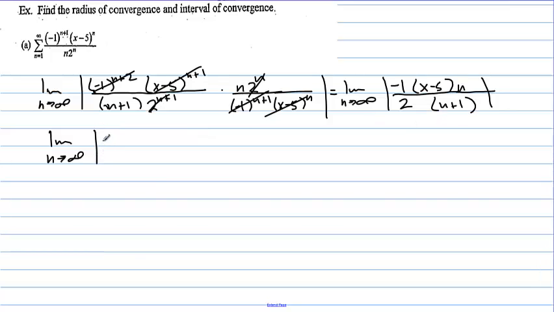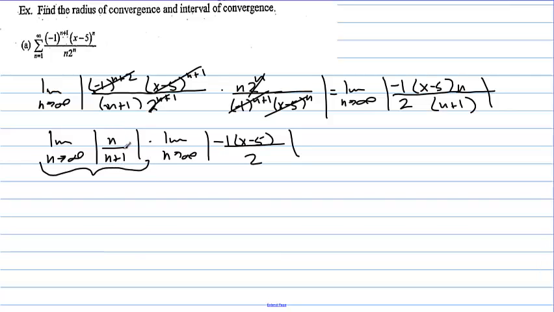We have the absolute value of n over n plus 1 times the limit as n approaches infinity of the absolute value of negative 1 times (x minus 5) all over 2. Well, this part right here becomes 1. The limit of this rational function is 1, so now we're just interested in this limit right here.